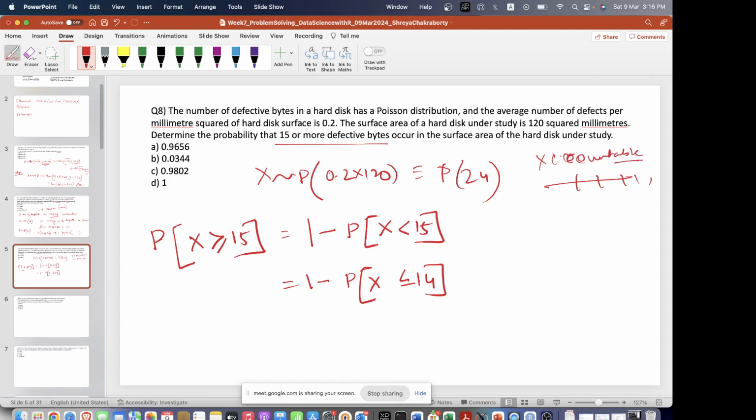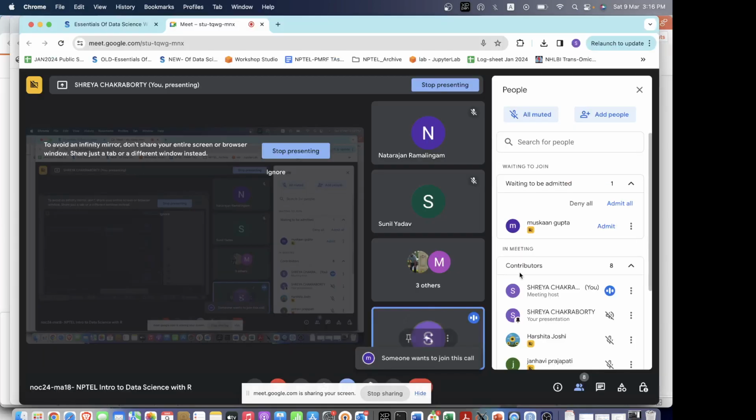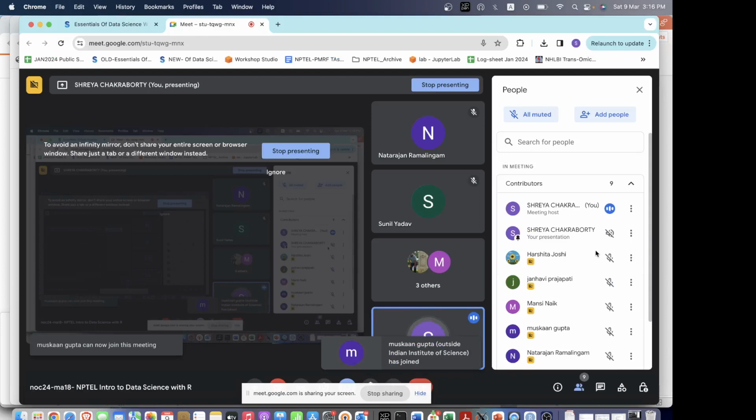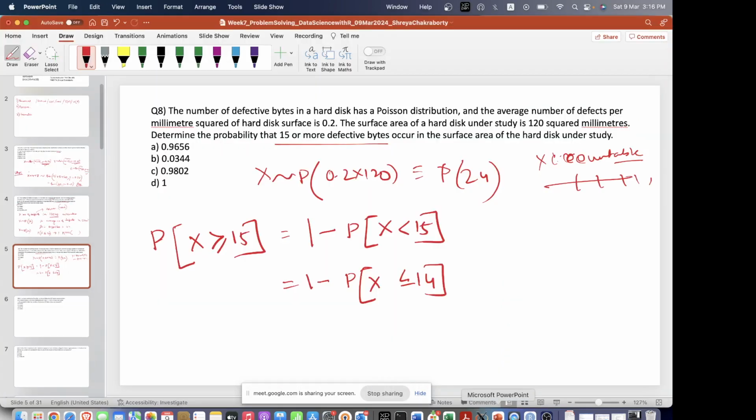If you have defective bytes, you cannot say half a byte defect. So here X less than 15 means the maximum X can attain is 14. It cannot go beyond, because if it crosses 14, the next number is 15.